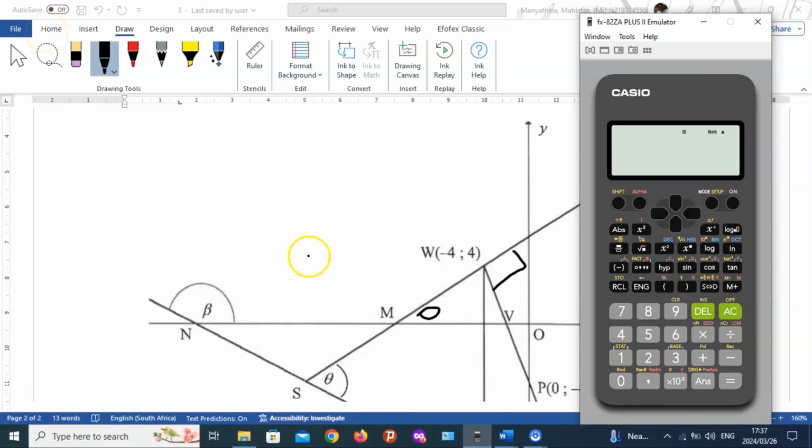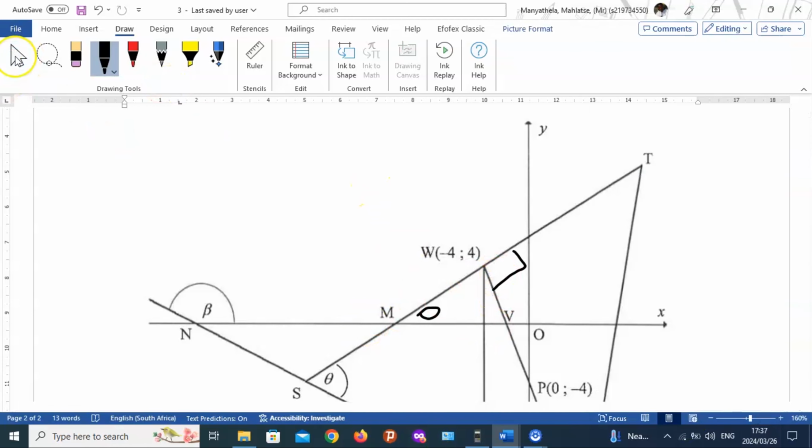Then from here we are going to find angle V in this triangle MWV. Remember that we calculated the gradient of WP and it gave us -2. But to find the interior angle in this triangle, we are going to disregard the negative.